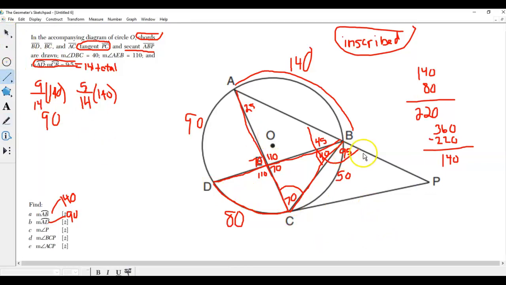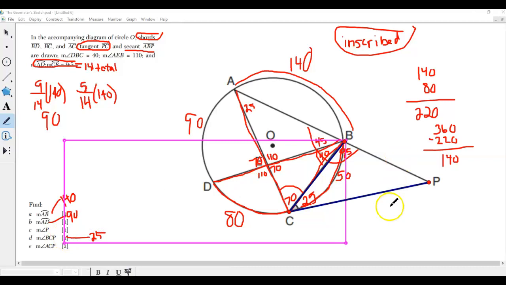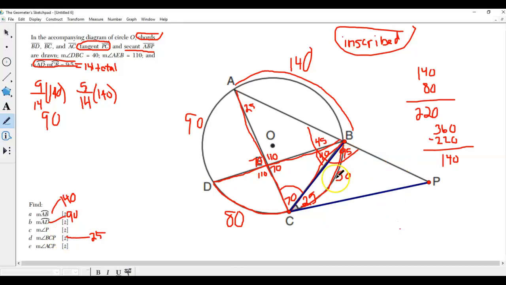So 180 minus 25 minus 95. Look at this big triangle right here. You got one here, you got one here, you got a lot of triangles in here. So we found angle P. ACP is this whole thing here. Well, I know part of it's 70, I know part of it's 25.